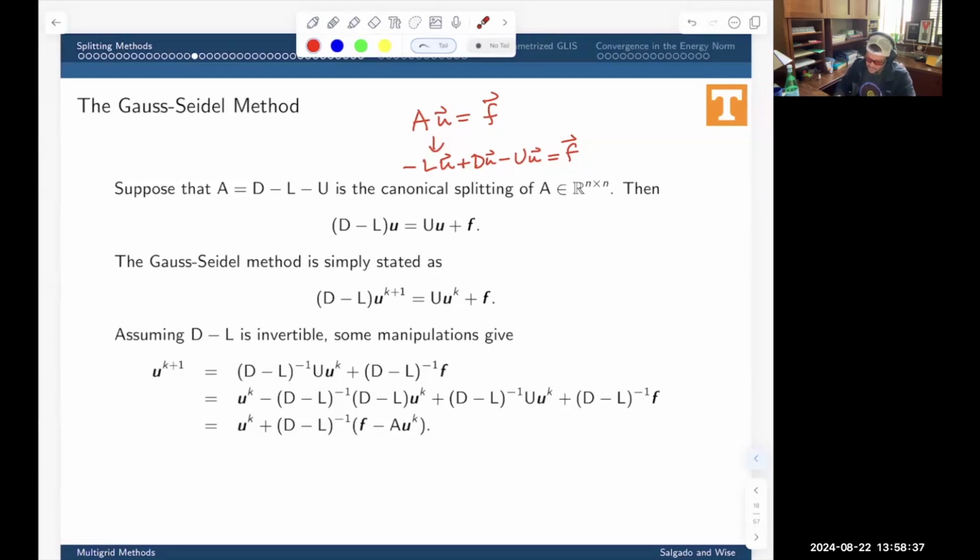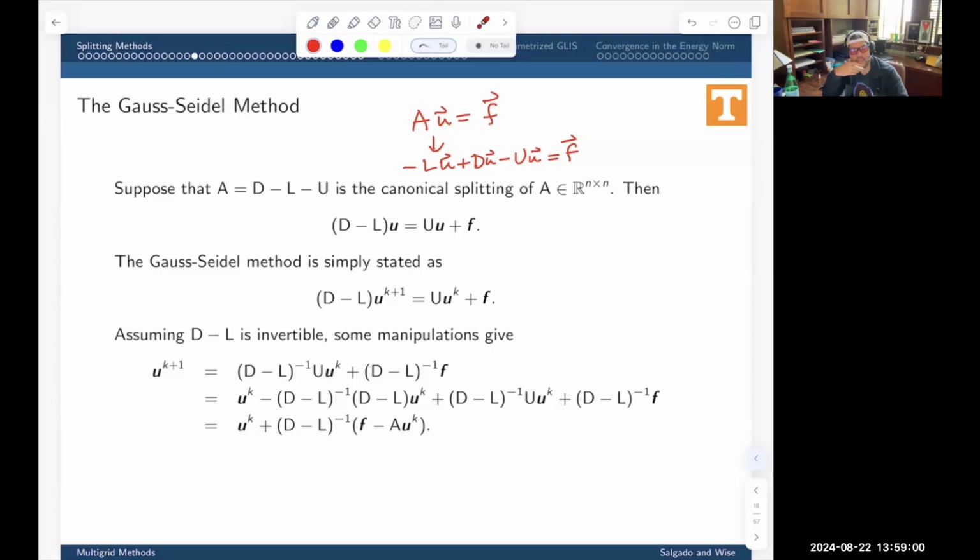But now, what do we have to assume in order to make this a practical method or a well-defined method? Well, we have to be able to invert this guy to get that out of there so we can explicitly figure out what uk plus 1 is. So let's assume that D minus L is invertible. But what do we need for D minus L to be invertible?